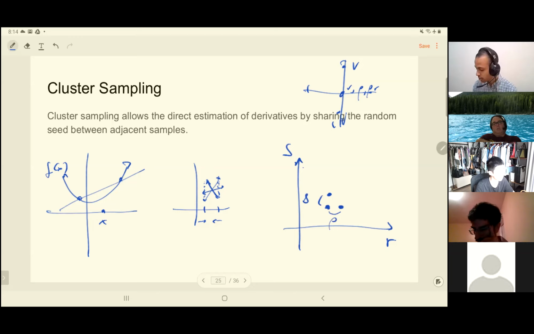Now, if you're willing to accept a certain amount of shifting in S and R, you can get all the second order partials by expanding the cluster out to a triangle that's bigger. So now you have 2 estimates for rho, and in conjunction, they give you an estimate for the change in rho.